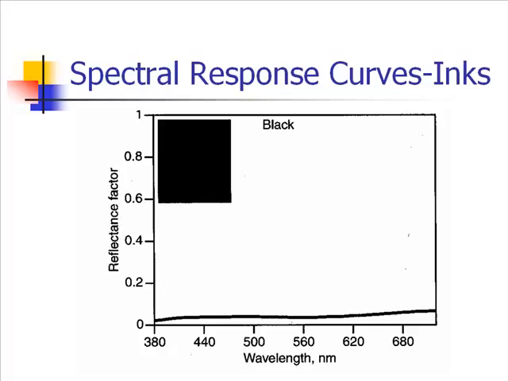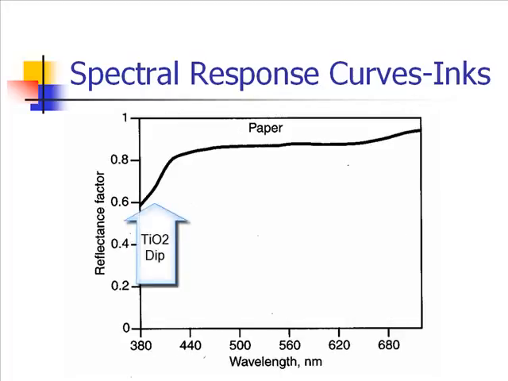But this curve, somebody that understands or knows curves would be able to tell you that's TiO2 because of this dip right here, this absorption area here, because it's not quite straight across. Again, when we get into talking about the curves a little later, we'll see how we can identify colorants by the curve.